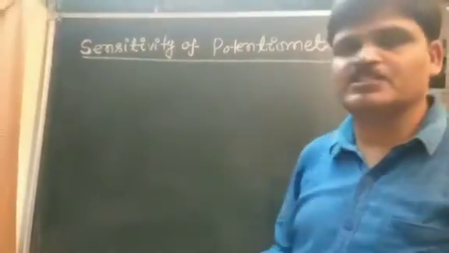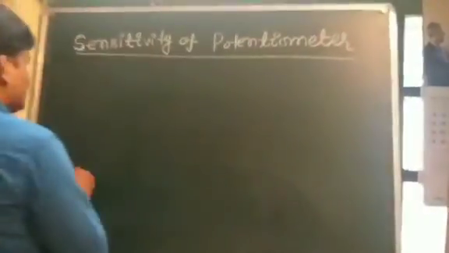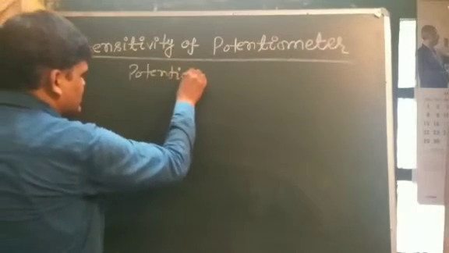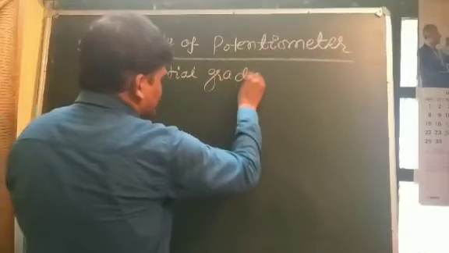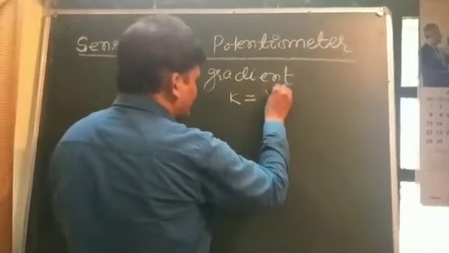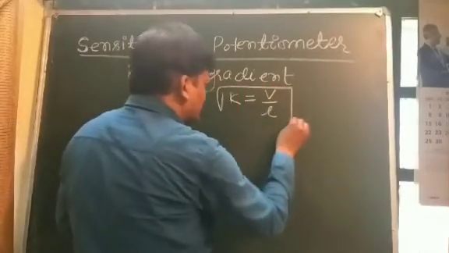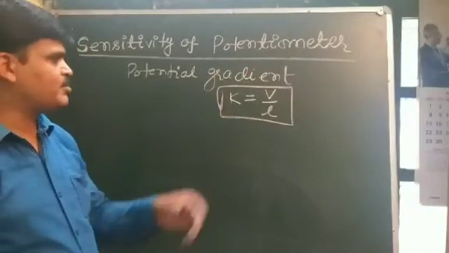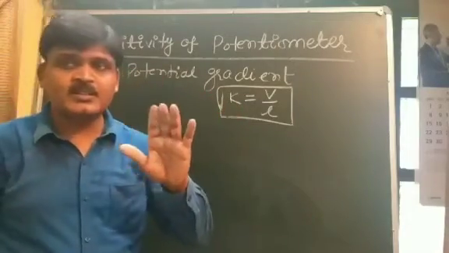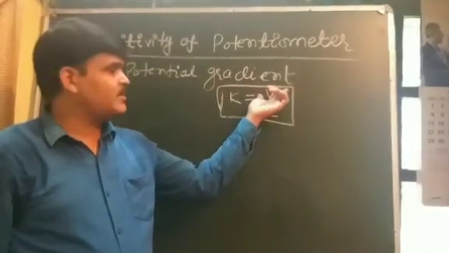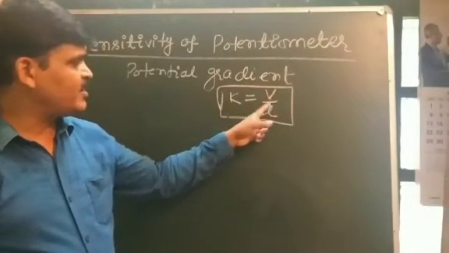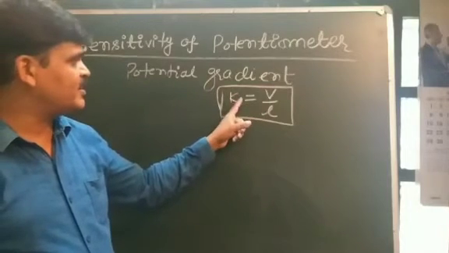You know that the potential gradient K equals V by L. So in the first case, for a fixed potential difference, the sensitivity of a potentiometer is increased by decreasing the potential gradient.